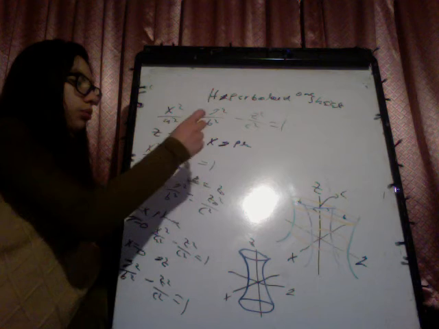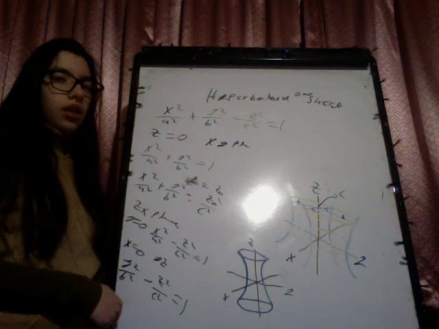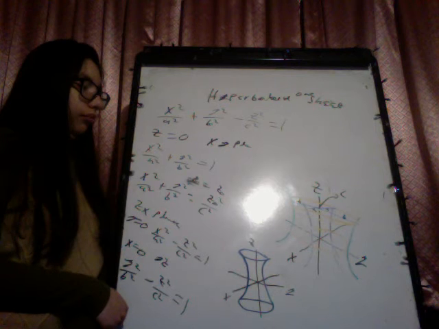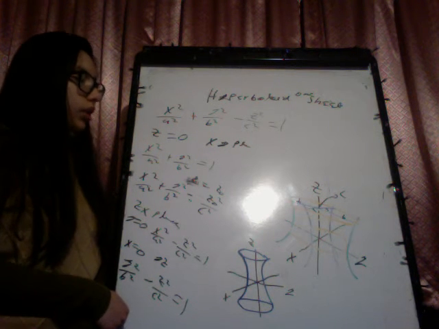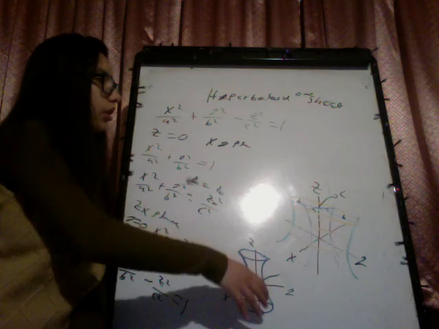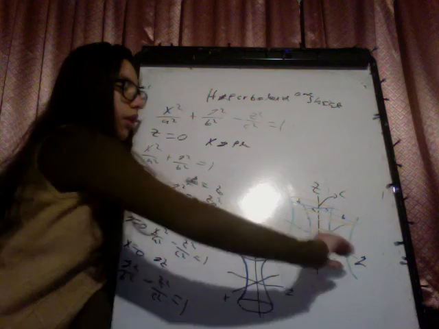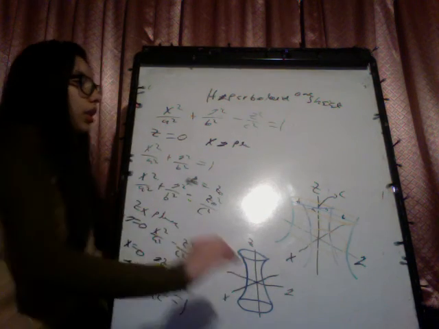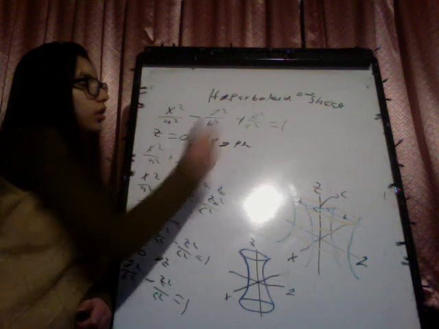This is just a hyperboloid of one sheet because you only have one minus sign. If you want a hyperboloid in the y direction, you will put minus here and plus here.